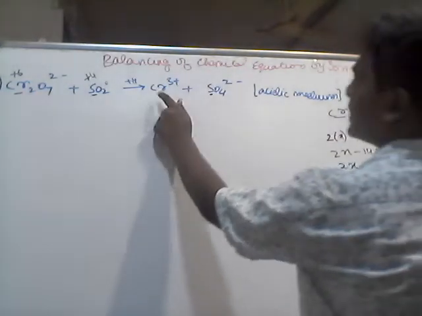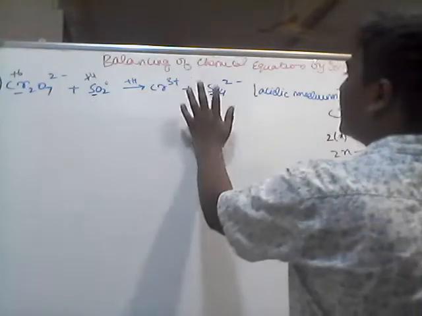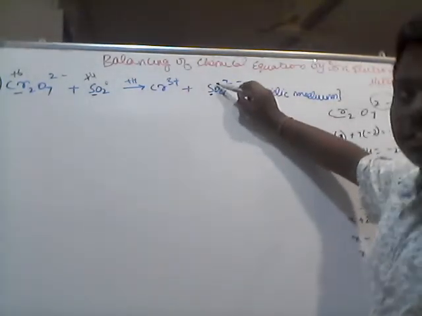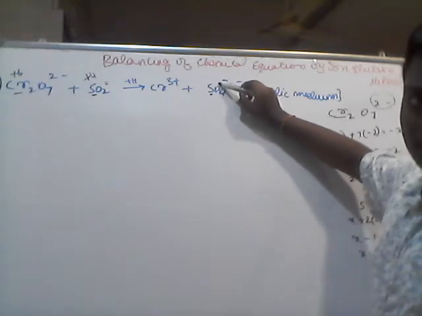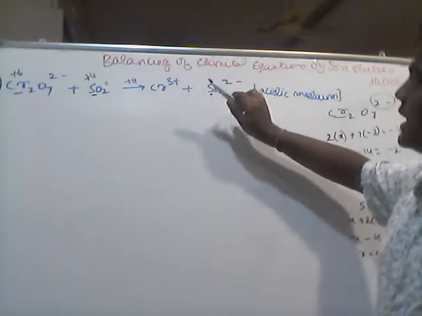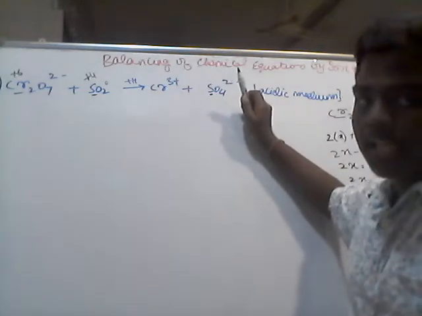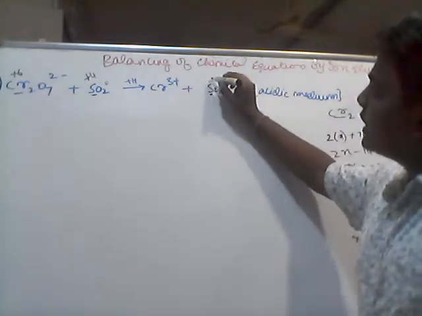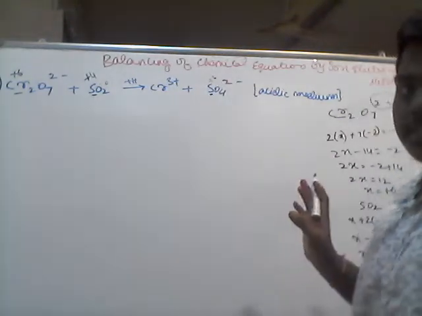Similarly, the charge of Cr is already given as plus 3. For SO4, let us do it orally. Each oxygen is minus 2, 4 into minus 2 is minus 8, which moving to the other side becomes plus 8, and plus 8 minus 2 gives plus 6, so sulfur is plus 6.